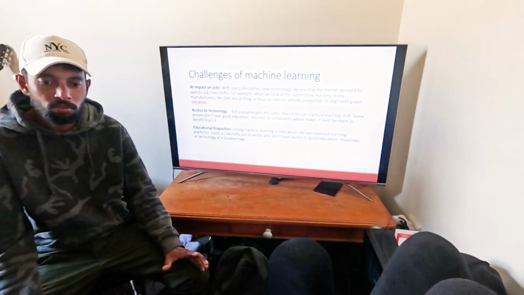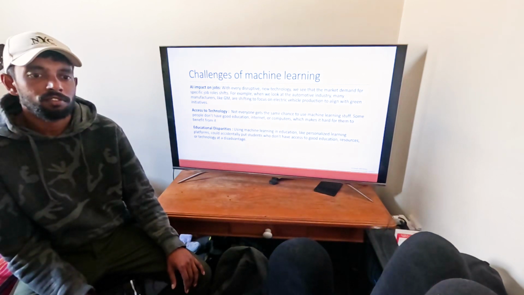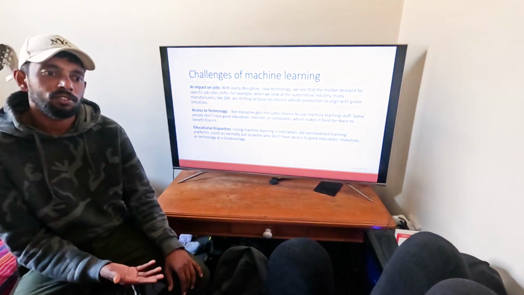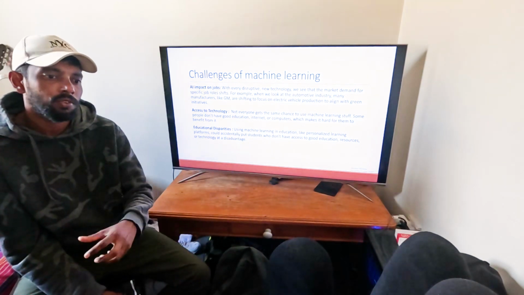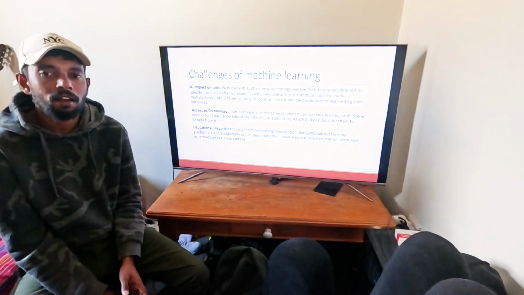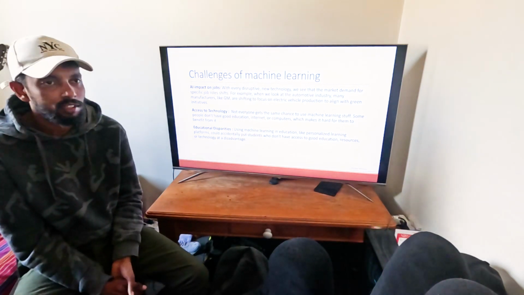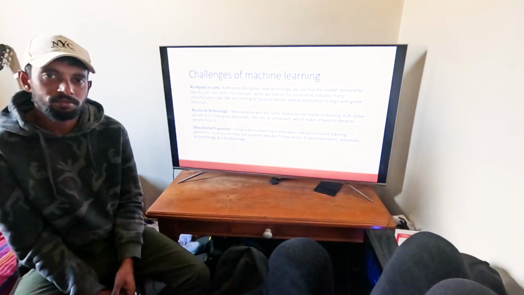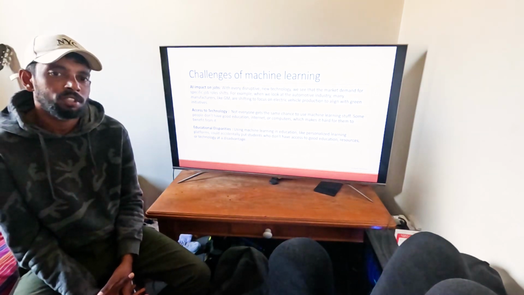The company is all about machines and assembling. GM uses robots and machine learning tools to assemble vehicles. If this keeps going, the impact on jobs is huge.